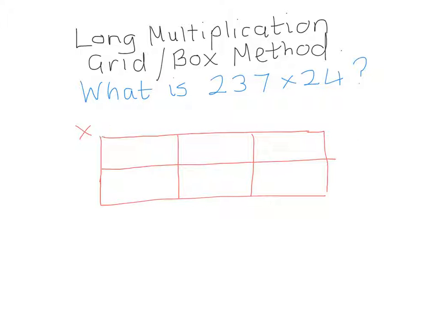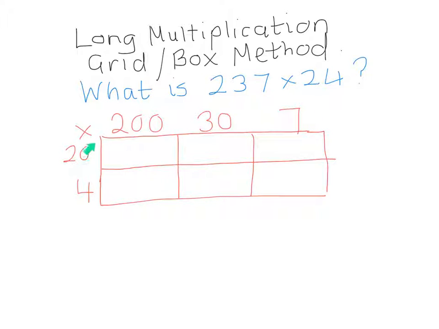Okay, so we're going to write them at the top of the boxes now. So we said the 2 was worth 200, the 3 was really worth 30, and the 7 was worth 7. In 24, the 2 is worth 20, and the 4 is in the ones place.